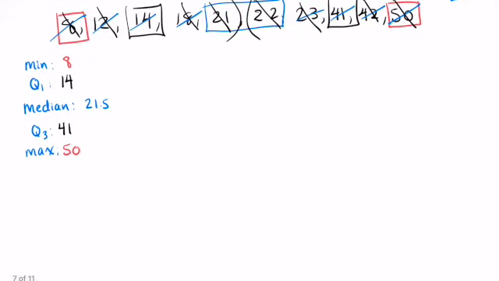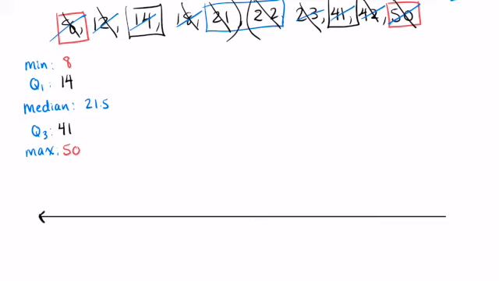Now, unlike my other example, these numbers are a little bit more spread out. So I could go up by 5s again, or I could go up by 10s. It doesn't really matter. I think I'm going to go up by 5s just because I can see my data a little bit better there. So I'm going to draw my number line.